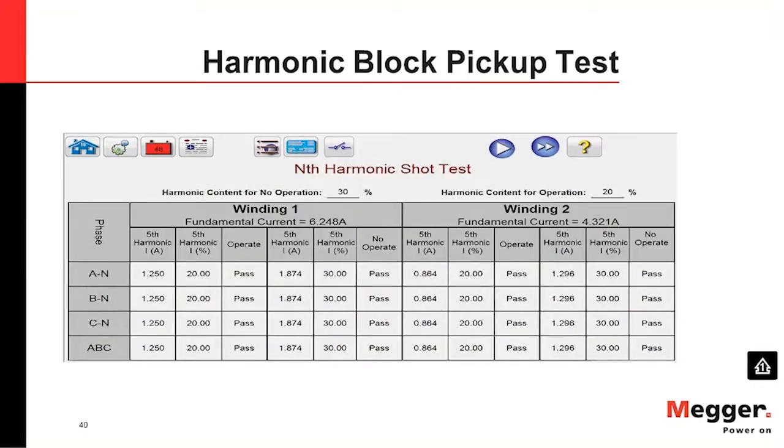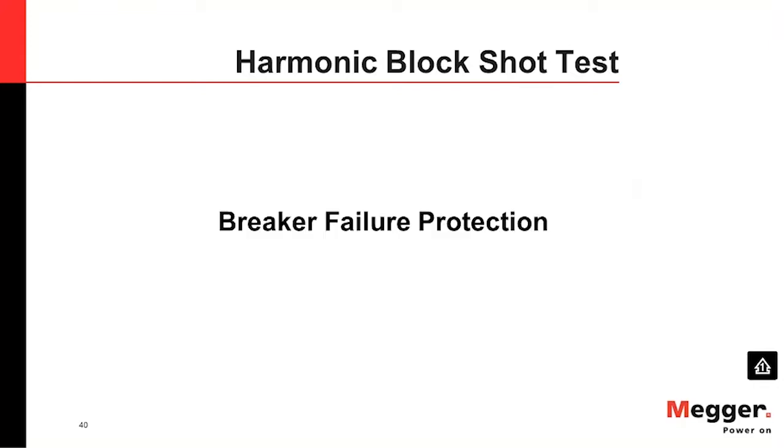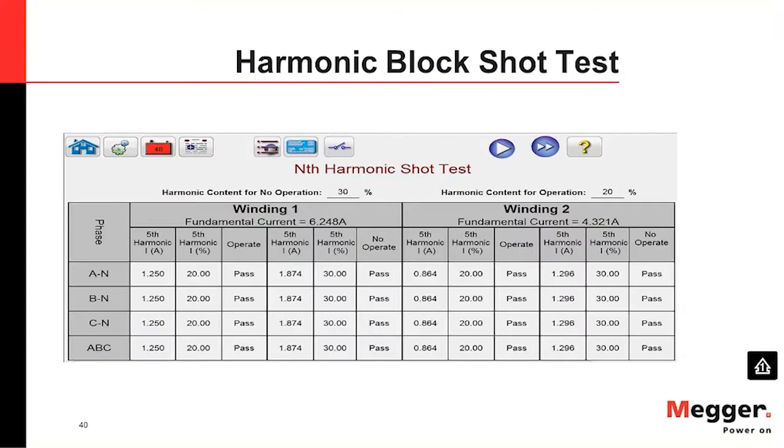But for the fifth harmonic, it will be short, means one shot operation and one shot not operation. It will check, like in our case 30%, it will see there is no operation at 30 and there should be operation for 20. That is only a short test for the fifth harmonic. That is all for the transformer protection.